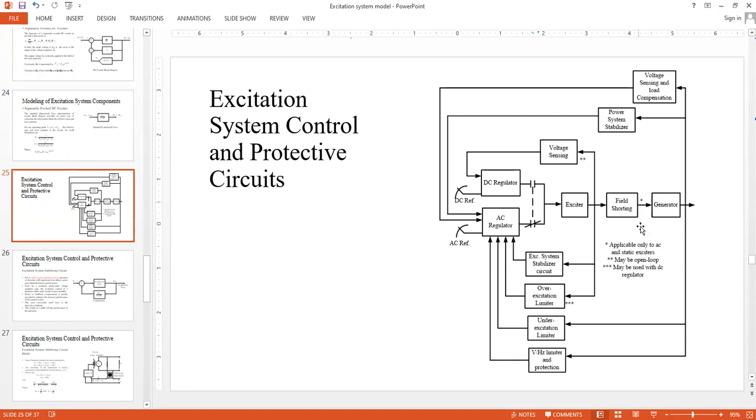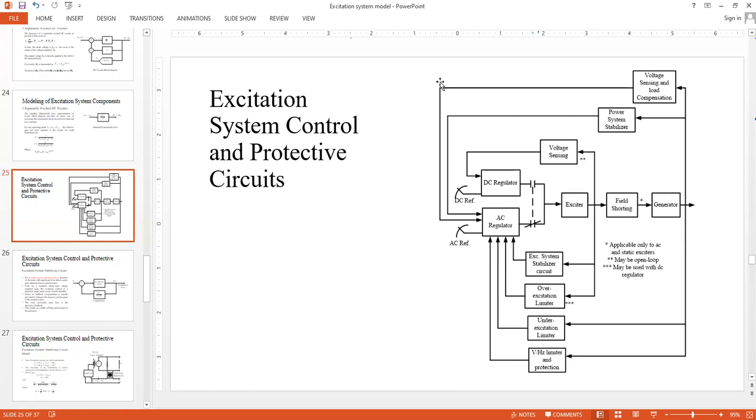There are several mechanisms for implementing the field shorting. As we can see, it is only used for AC and static exciters, where rectification is required. The rectification is implemented with the help of thyristors or diodes. As we know, those devices shouldn't carry the reverse current.